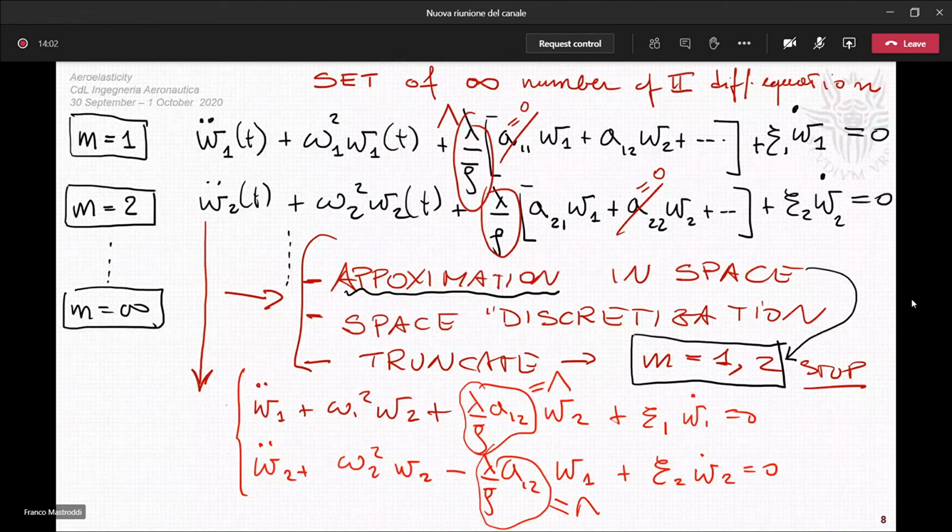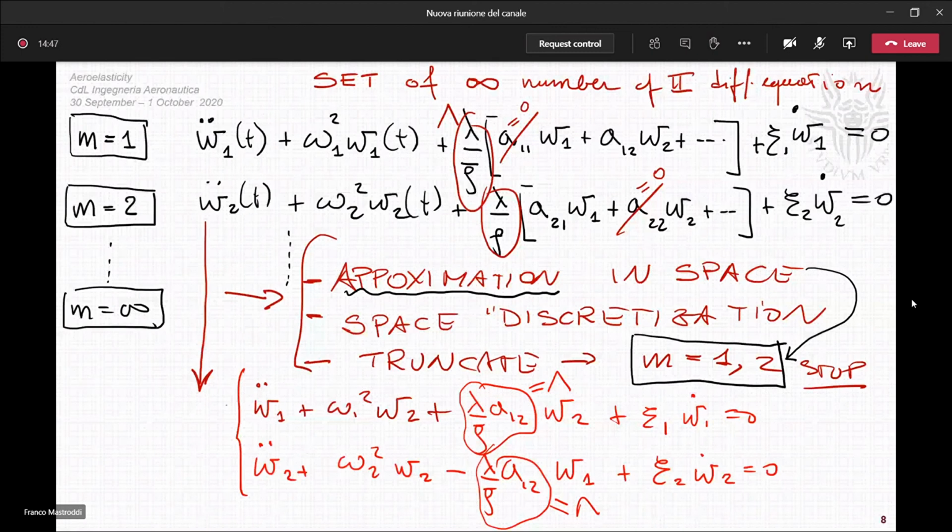Practical case for aircraft. If you have an aircraft, a complicated finite element model, you have an original continuous problem. If you want to choose your discretized space time variables like this W1, W2, W3, you can use as shape functions the modes of vibration of the aircraft, structural modes of vibration, only structure, and you can select the first N modes such that to cover your bandwidth of interest.